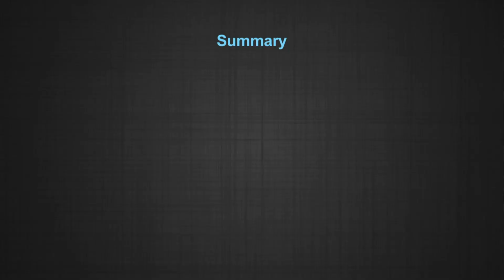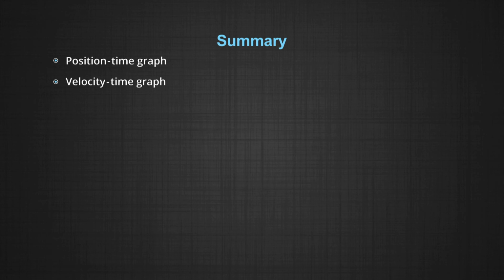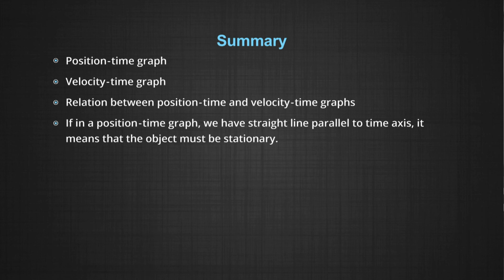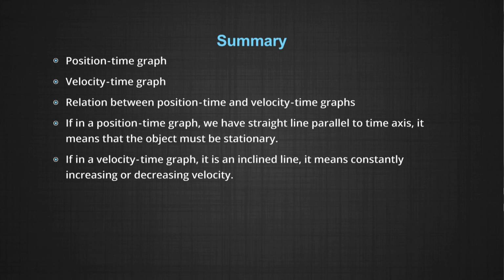So, you have learned the meaning of the position-time graph and the velocity-time graph, and the relation between them. If in a position-time graph we have a straight line parallel to the time axis, it means the object must be stationary. If it is an inclined line, it may mean constantly increasing or constantly decreasing position.